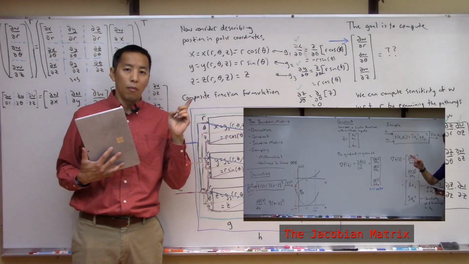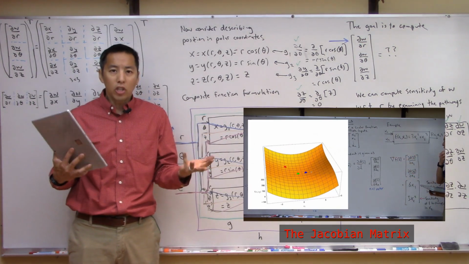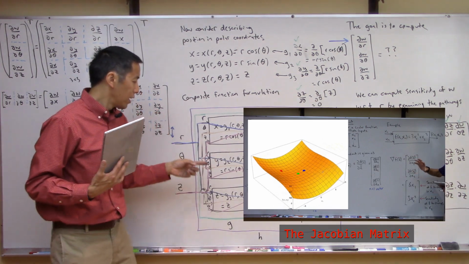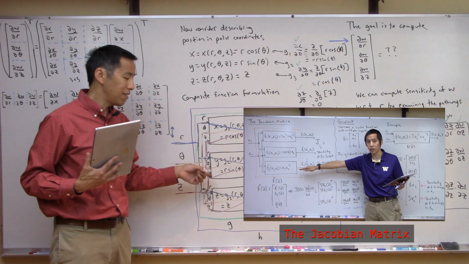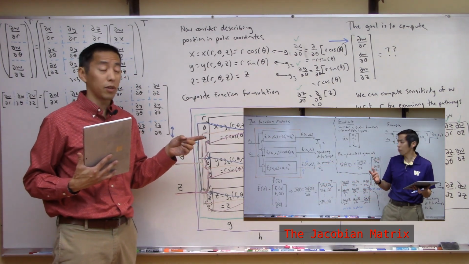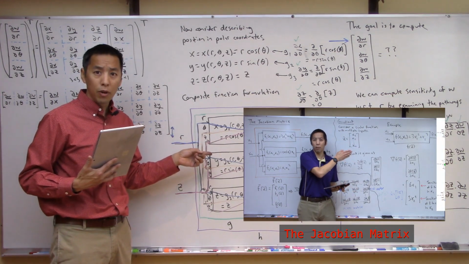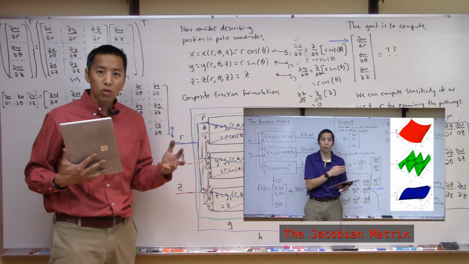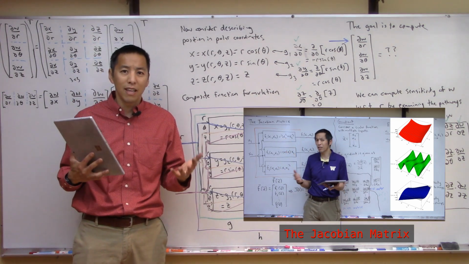Now, if you look at this long enough, does everyone remember, and actually maybe I'll flash this up here, our previous video where we talked about the Jacobian matrix, right? That's exactly what the Jacobian matrix does. It calculates the sensitivities of a multi-input, multi-output function for all of the inputs and all of the outputs, right? So the Jacobian matrix is the way to capture all of these partial derivatives in a nice, clean fashion.